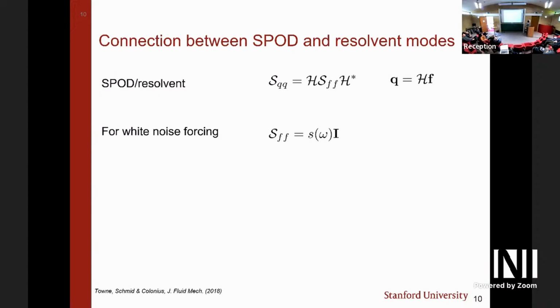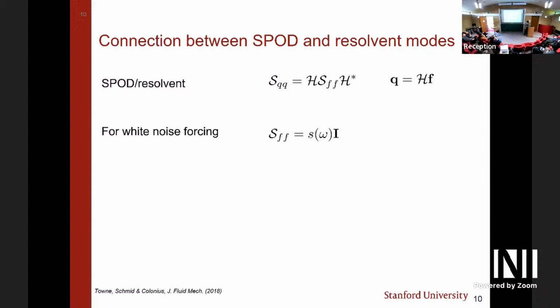So one takes the correlation matrix, takes the Fourier transform of that, extracts a single frequency, and then looks at the POD decomposition of that. You can relate the statistics of the response, the velocity state, and the statistics of the forcing through the resolvent. This is now the resolvent from before, just changed to a Q here to agree with the terminology there.